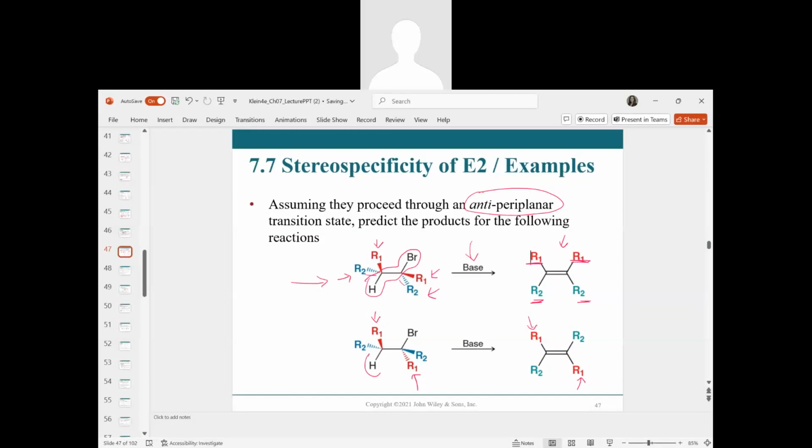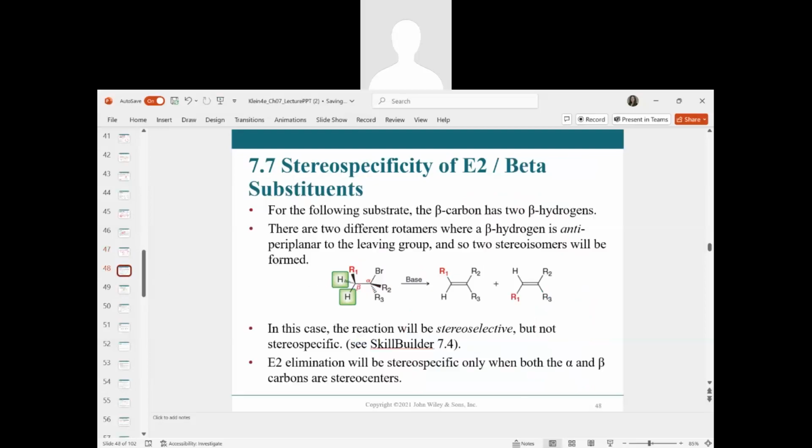But we should still recognize this anti-periplanar orientation of our hydrogen and our bromine, and then we follow that same process where we create that double bond, and based on the wedge and dash orientation, we can orient our R groups in our final product.